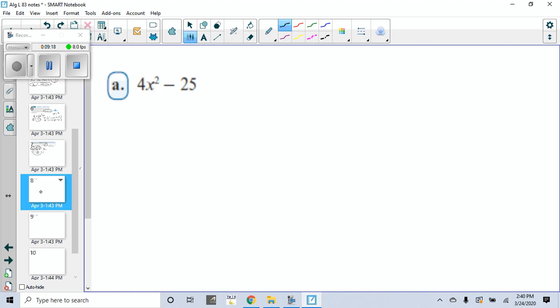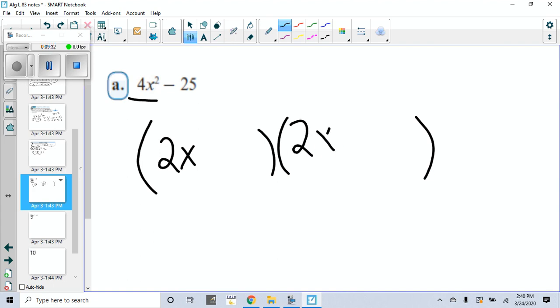So they want to know if this is a difference of two squares. Can you take the square root of 4x squared? You should say yes, 2x times 2x. And can you take the square root of 25? You should say yes, 5 and 5.